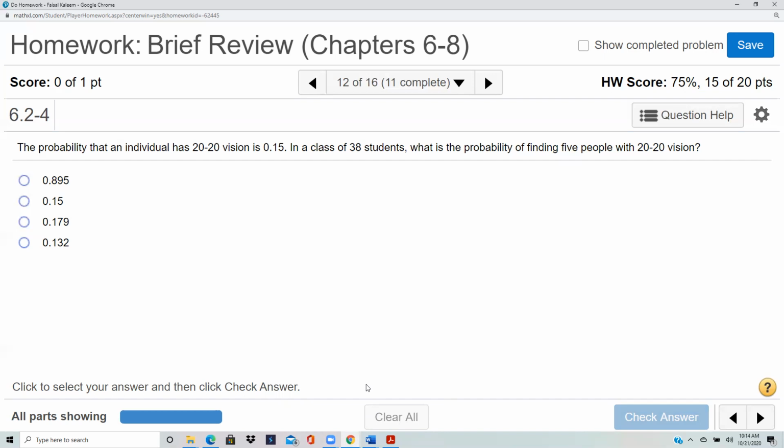What is the probability of finding 5 people with 20/20 vision? So what are we looking for? What should X be? In what you have just read, there's only one number that could be for X. Would it be just 5? Yeah. So would it be equal to 5, greater than, less than, what?